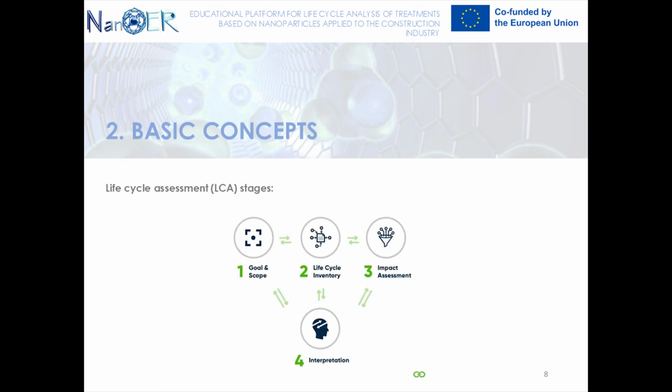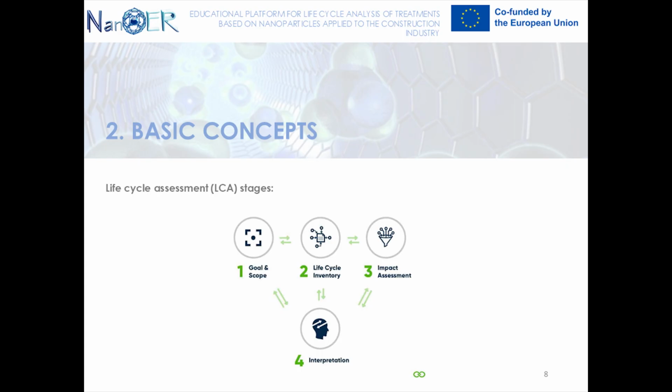The Life Cycle Assessment, LCA, consists of the following key stages, each playing a crucial role in evaluating and minimizing environmental impacts. 1. Goal and scope. 2. Life Cycle Inventory, LCI. 3.